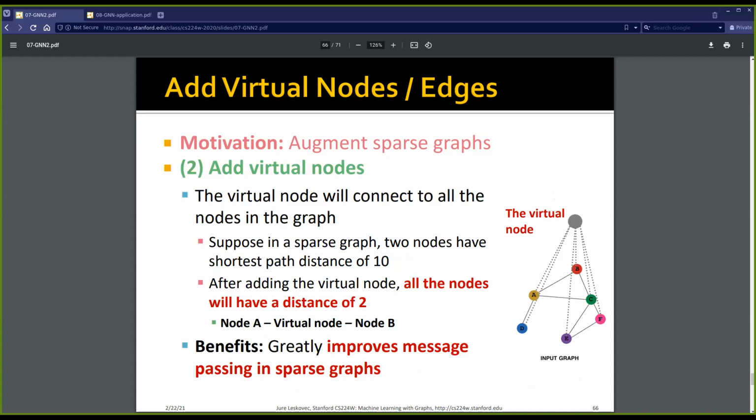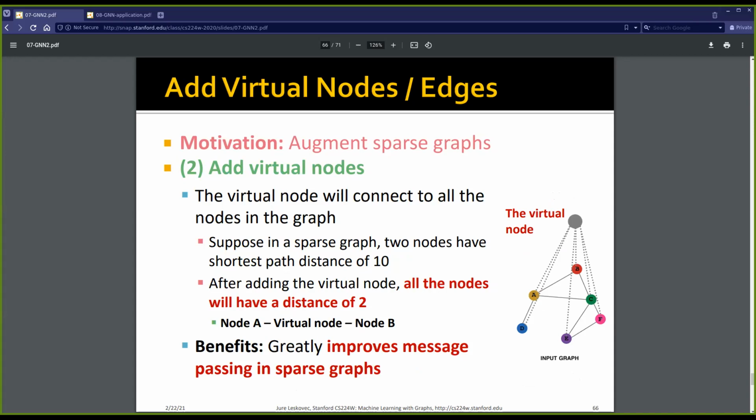We can also add virtual nodes. So a node that is connected either to all nodes or just to a selected subsample of the nodes. Then we can assume that message passing is more efficient between those nodes because they are connected via a 2-hop neighborhood.